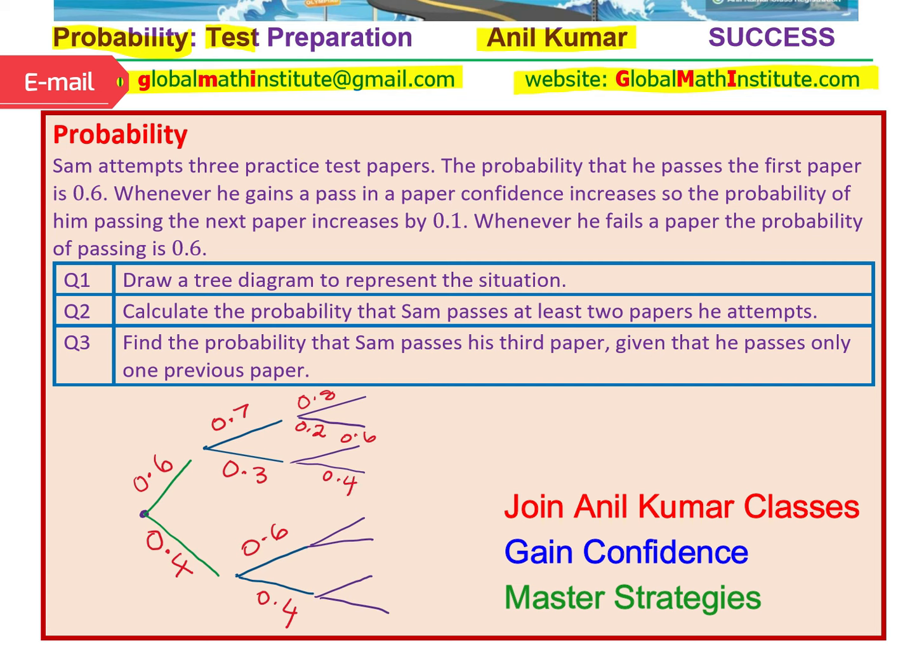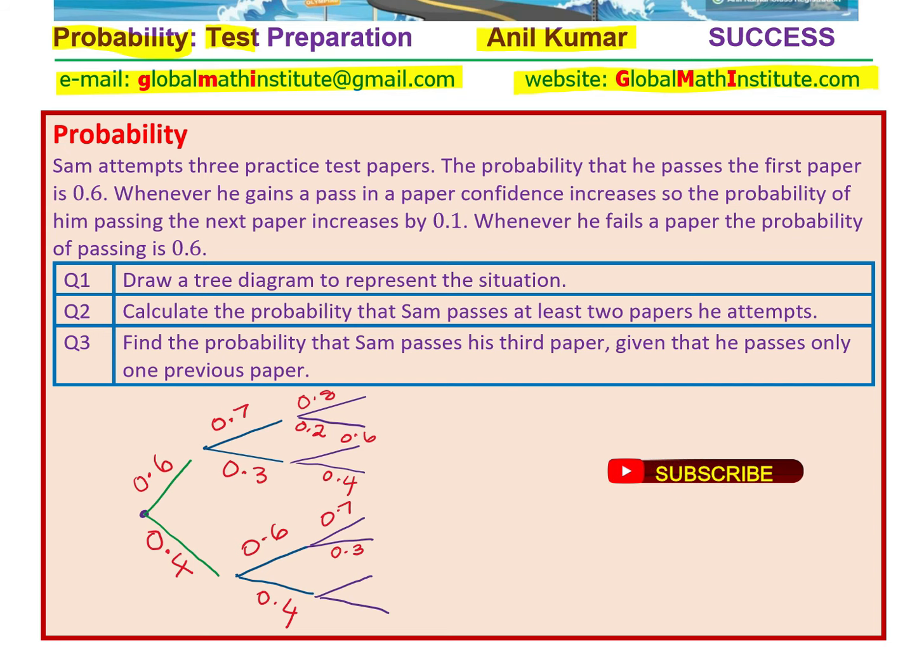Here, 0.6 pass means 0.7 next time, and failing will be 0.3. Fail and then pass will be 0.6, and then again fail will be 0.4. So we got our tree diagram in place. You see that? So that's the first part. So I hope this is absolutely clear. So these are the 3 stages, right?